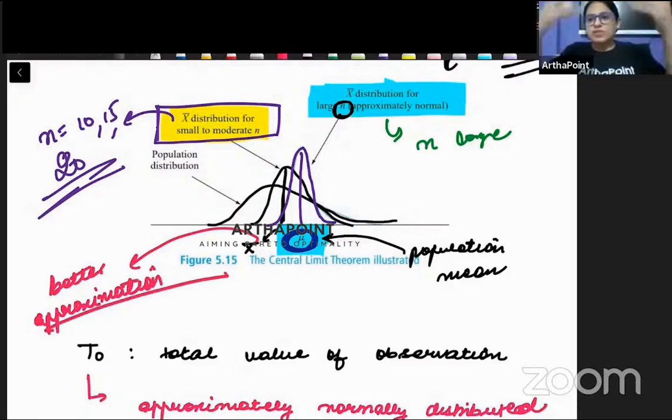So as your sample size increases, we can say that it becomes a better approximation of the population mean. It becomes more closely concentrated around the population mean. ज़्यादा population mean के पास होना शुरू हो गया है. Also, it becomes more and more normally distributed.